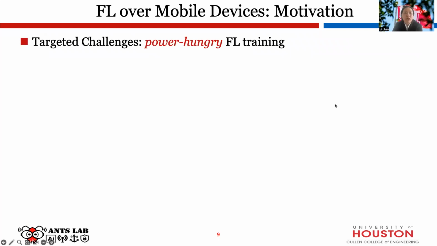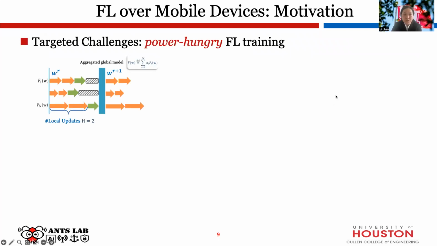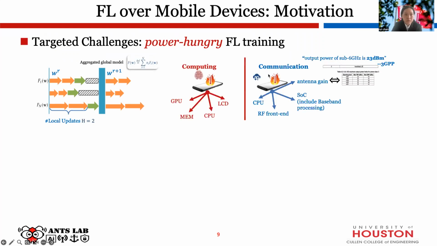In this work, our goal is to reduce the energy consumption of federated training over mobile devices. According to the training process we mentioned before, the system energy consumption of federated learning includes the computing energy for local training over multiple iterations, and the communication energy for the model updates.